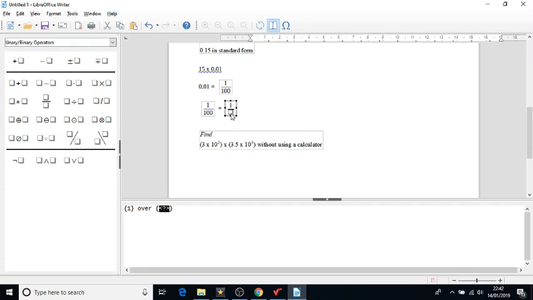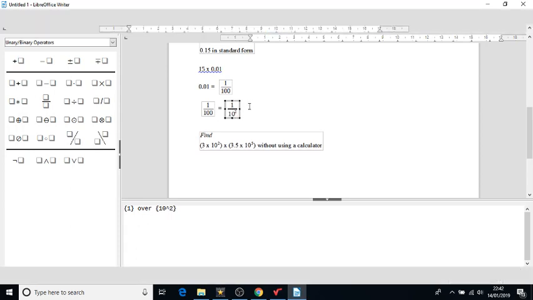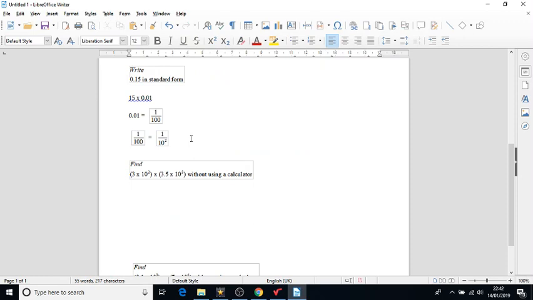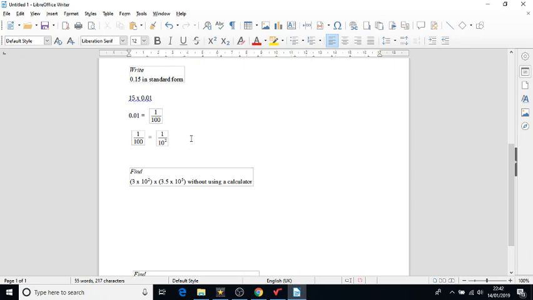So what's 100? 100 is 10 to the power of 2, right? So you'd write it like this. 10 to the power of 2. But again, because we are dividing by the corresponding power of 10, this is the same way of us multiplying by a negative power.